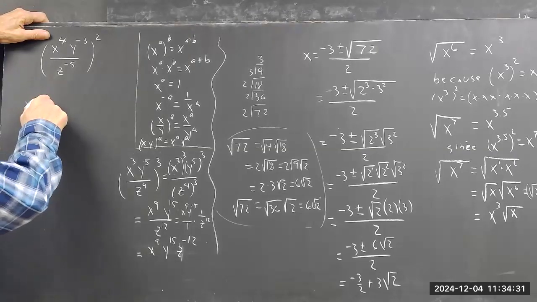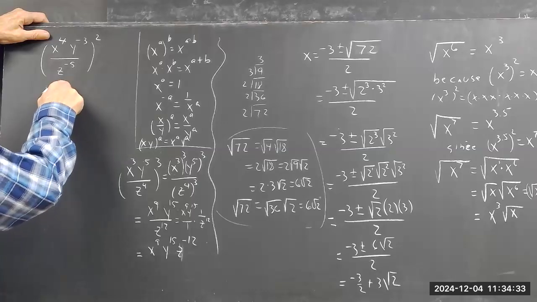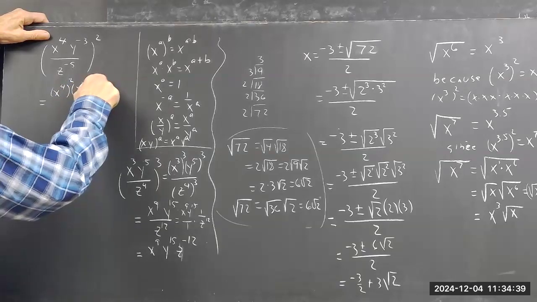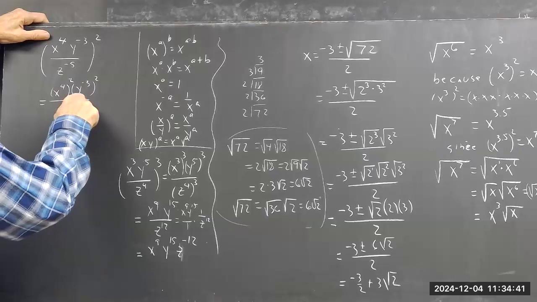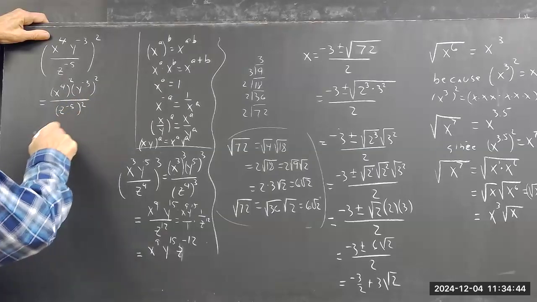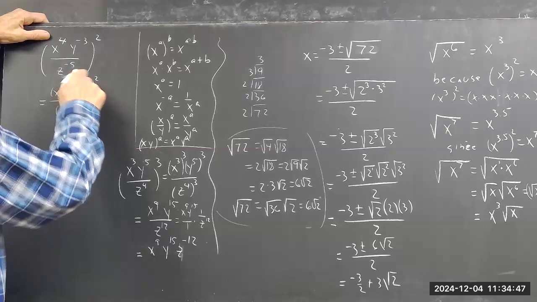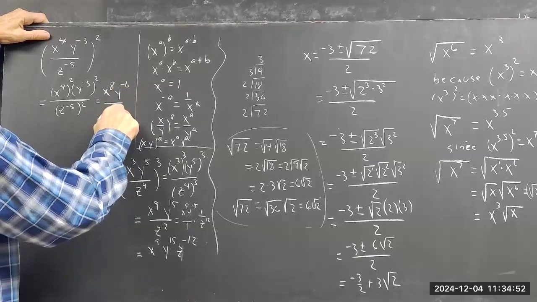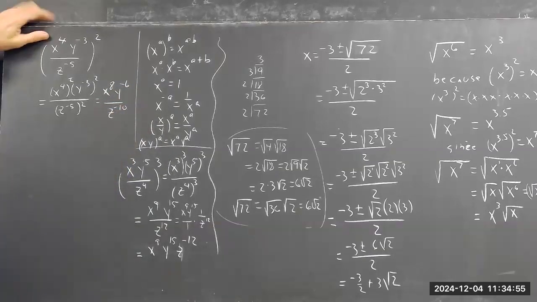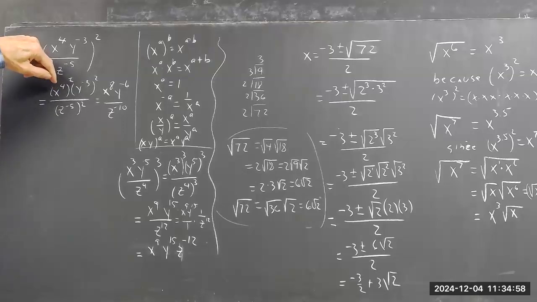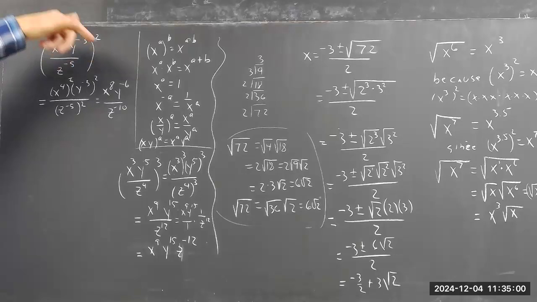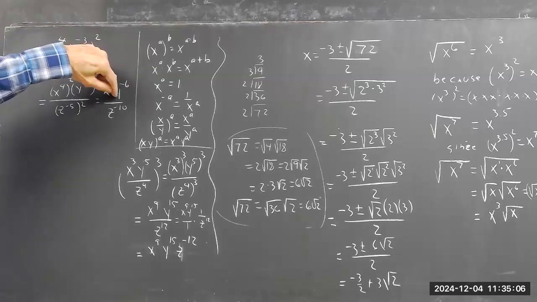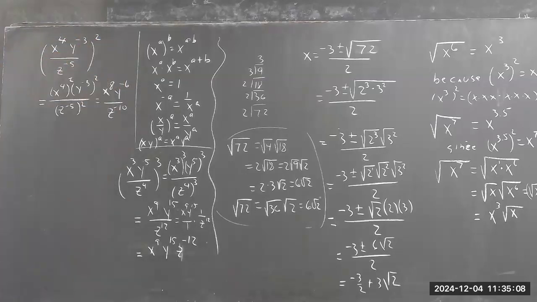Now, first, we can write that as x to the fourth squared, y to the negative third squared over z to the negative fifth squared. And that's going to equal x to the eighth, y to the negative sixth over z to the negative 10th. Because, of course, we multiply exponents. X to the fourth squared is x to the 4 times 2, which is 8. Y to the negative 3 squared is y to the negative 3 times 2, which is y to the negative 6, and so forth.